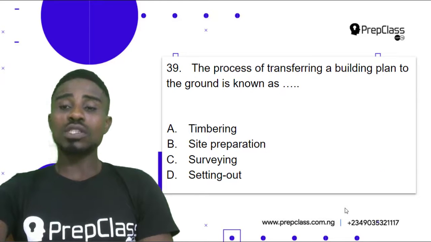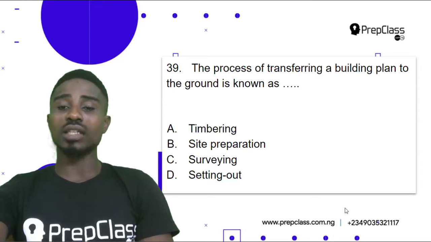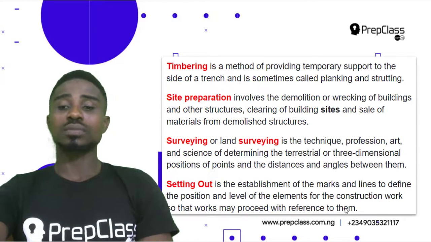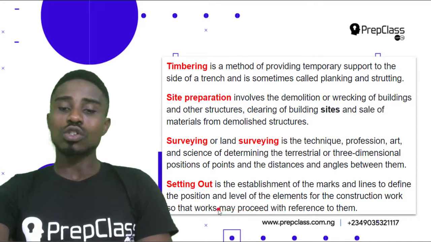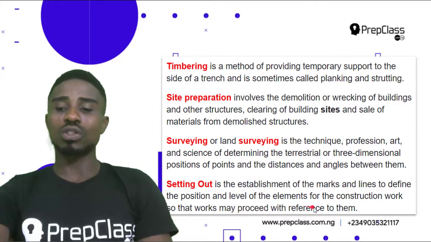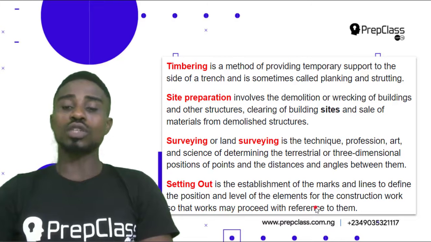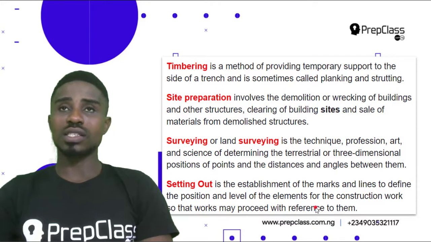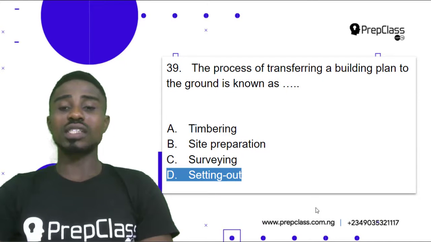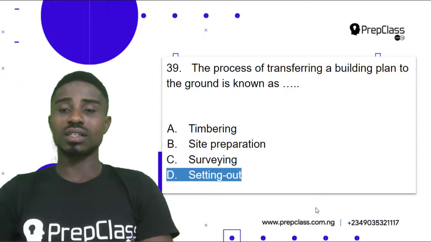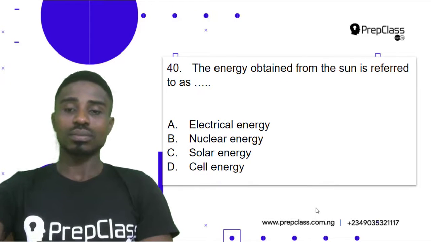It says, the process of transferring a building plan to the ground is known as setting out: establishing the marks and lines to define the position and level of the elements for the construction work so that the works may proceed with reference to them. So option D, setting out, is our correct answer. Let's check it out. Question 39, option D, setting out, is our correct answer. Let's look at the next question.